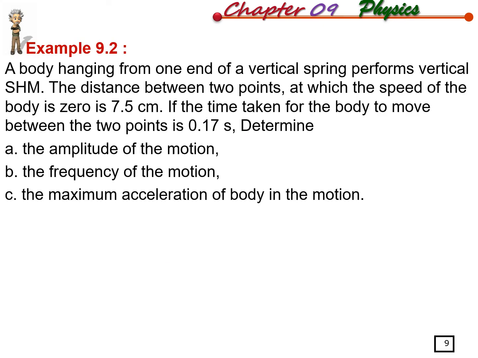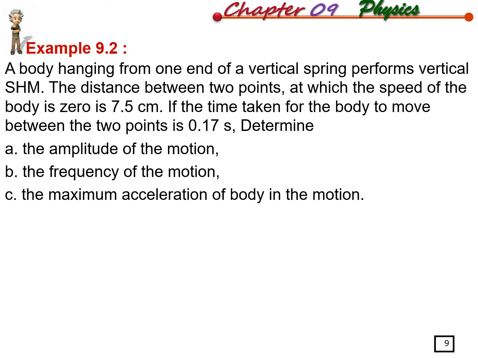Okay, so for example 9.2, you have a body hanging from one end of a vertical spring performing a vertical simple harmonic motion. The distance between 2 points at which the speed of the body is 0 is 7.5 cm.